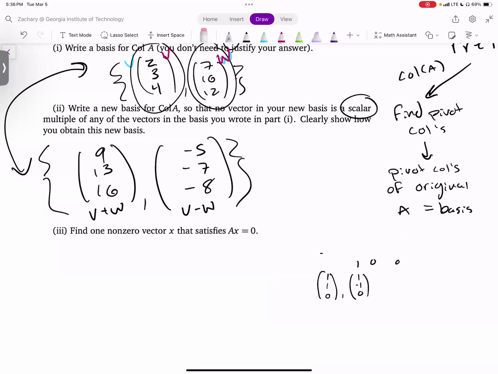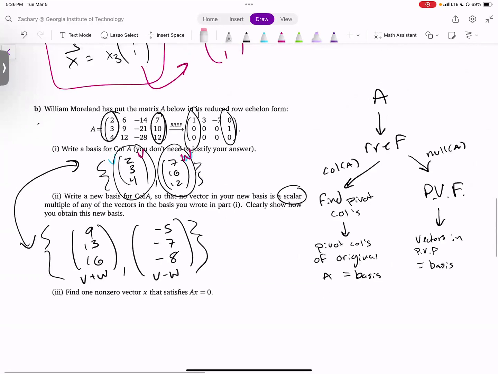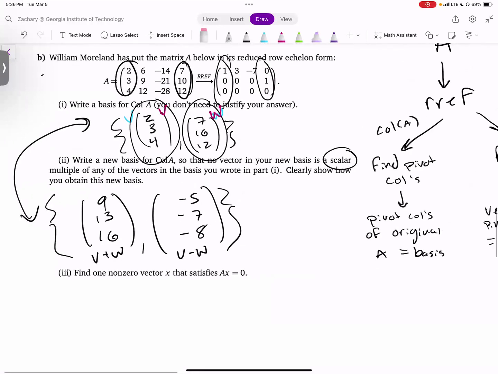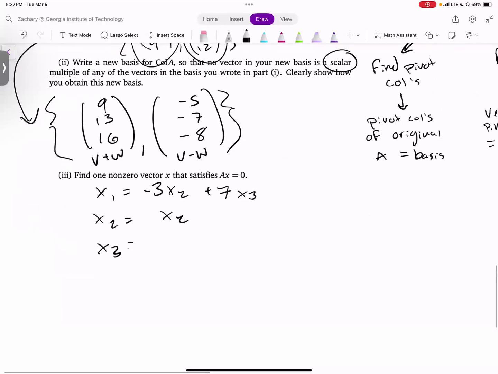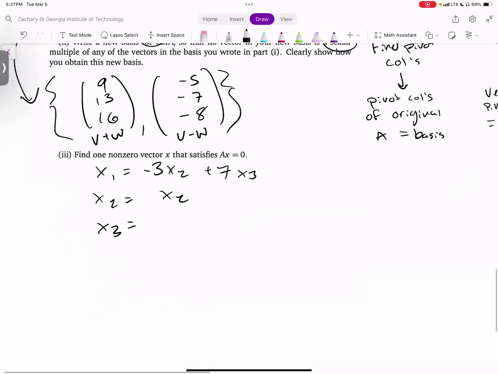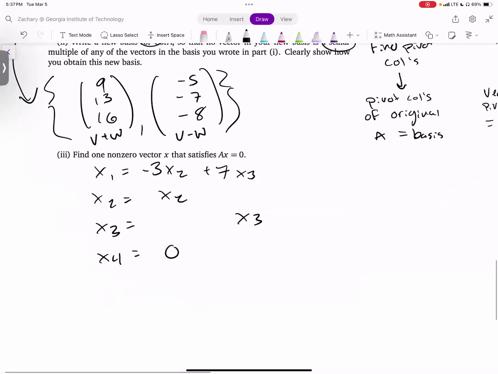Yep. All right. For the next one, it says find a non-zero vector that satisfies Ax equals 0. This is the same thing as finding a vector in the null space. We have been blessed in that they have already given it to us in reduced echelon form. So we have x1 equals minus 3x2 plus 7x3, x2 equals x2, x3 equals x3, x4 equals 0.